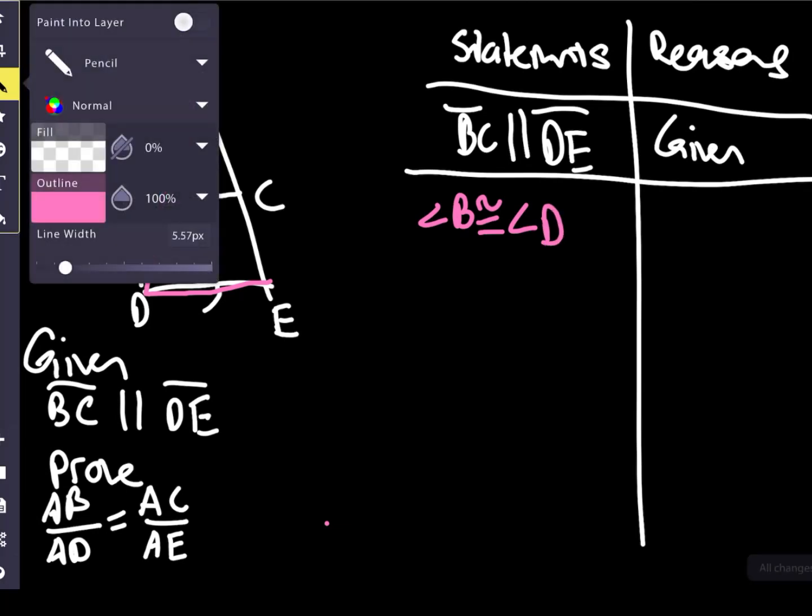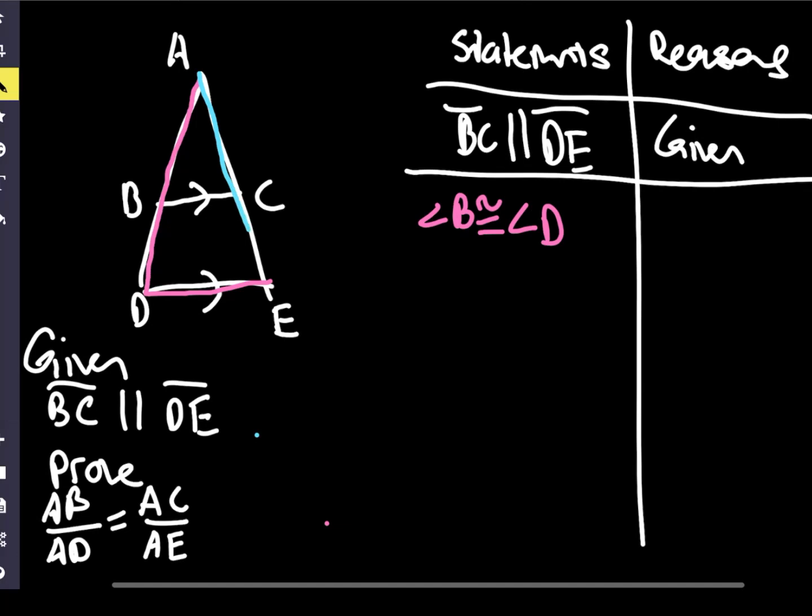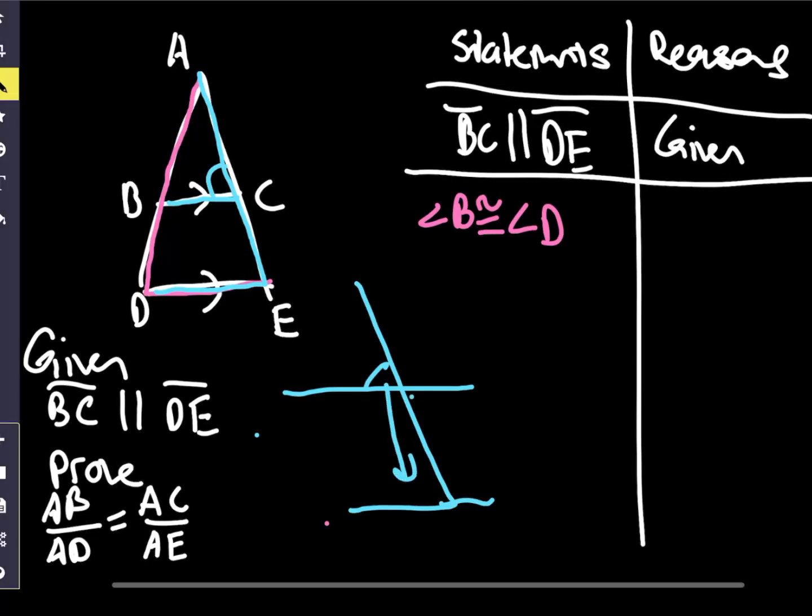And what else? Once again, we can draw another line here to here, right? Imagine we have a transversal like this. This is angle C. Well, guess what? This corresponding angle, which you can think of as the angle below, is going to be congruent.